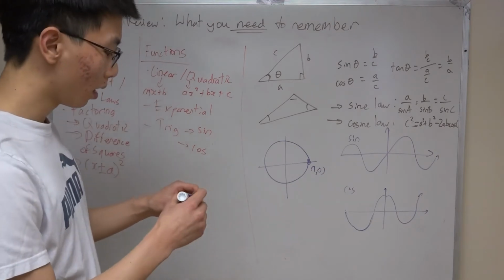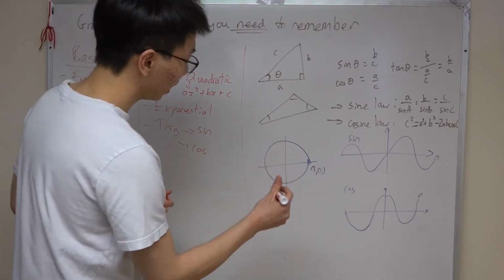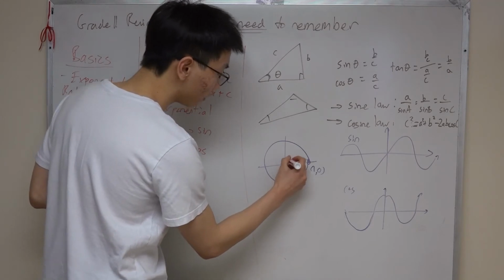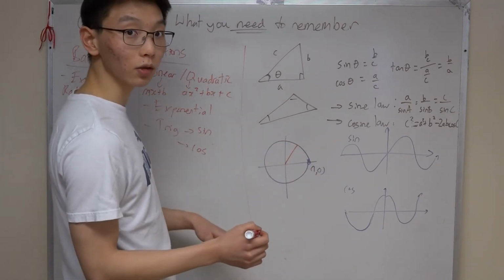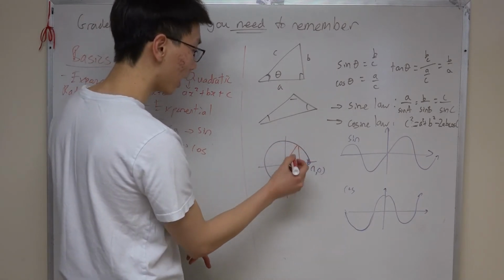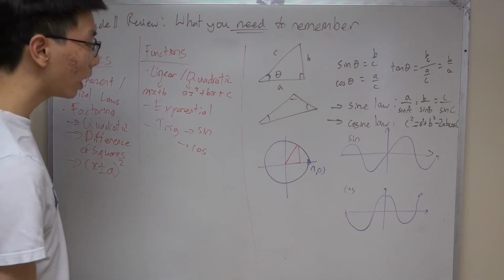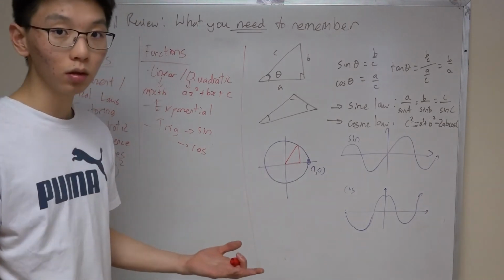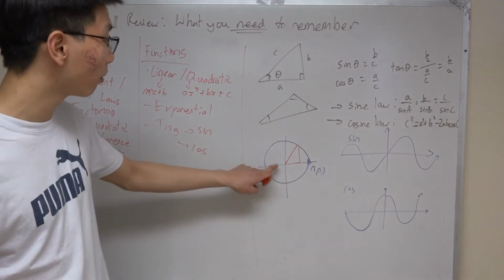Okay. And what you can do is take a triangle that has a point anywhere on the unit circle, and then just draw lines that connect it to the x-axis. Then, because this is a circle, every point around the circle is distance 1 away from the origin.